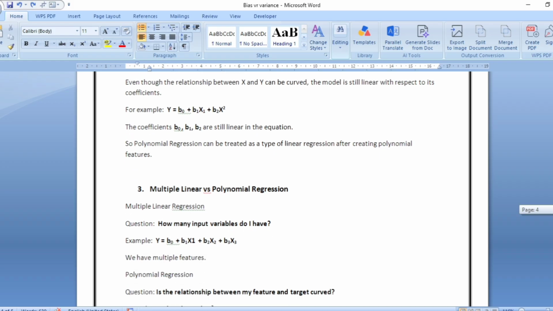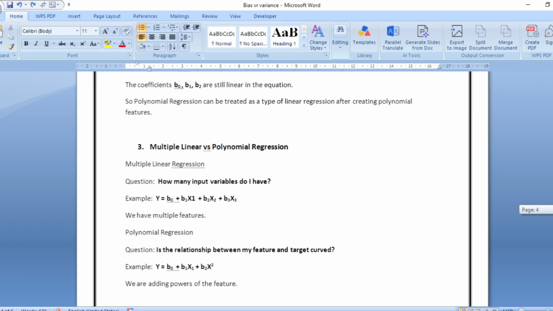Multiple linear versus polynomial regression. This is probably the most important comparison. For multiple linear regression, we ask the question: how many input variables do I have? And for that we use the formula y is equal to b0 plus b1 x1 plus b2 x2 plus b3 x3.